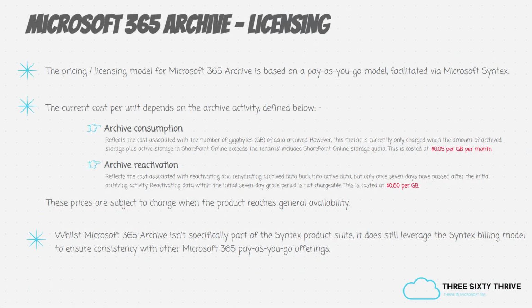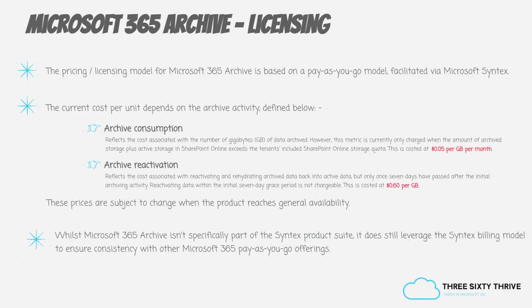Let's now take a look at the licensing and pricing model for Microsoft 365 Archive. Much like Microsoft 365 Backup, the pricing and licensing model for Microsoft 365 Archive is also based on a pay-as-you-go model facilitated via Microsoft Syntex. The current cost per unit depends on the archive activity.